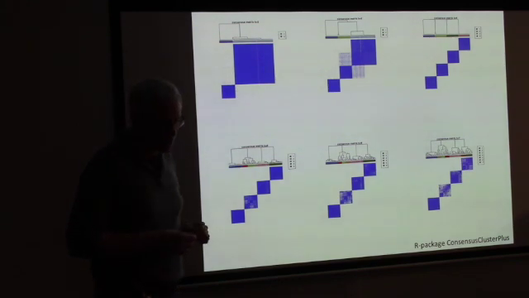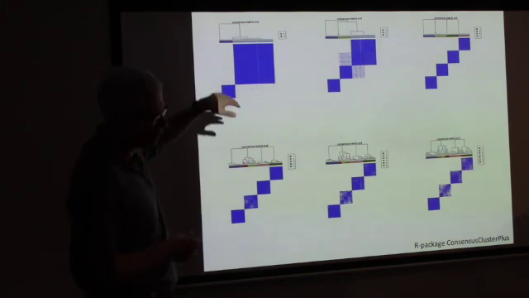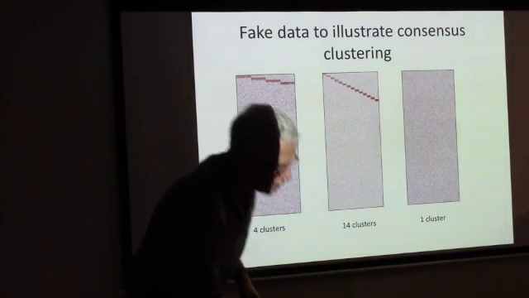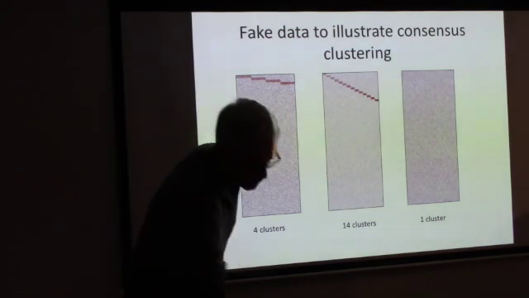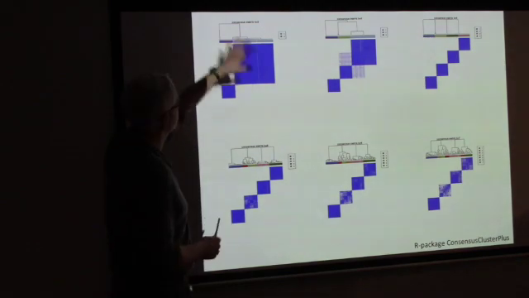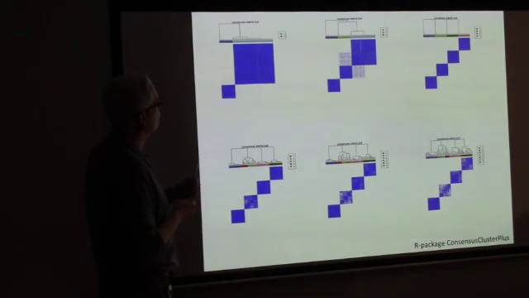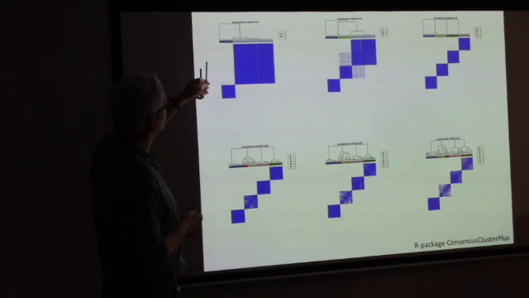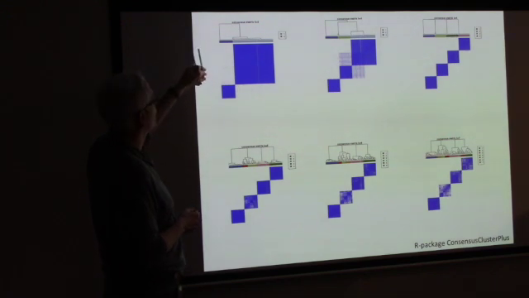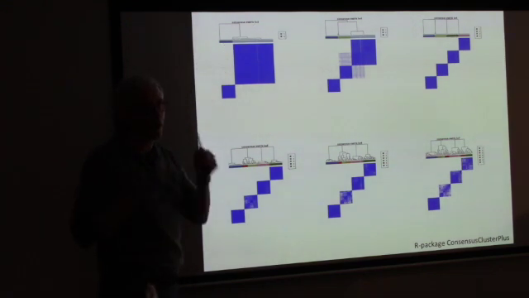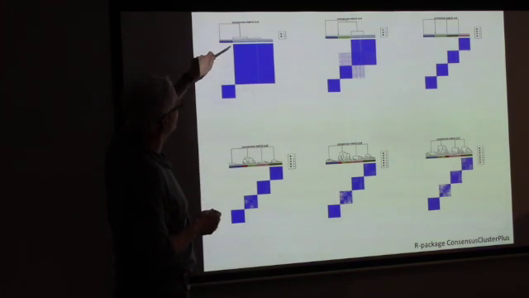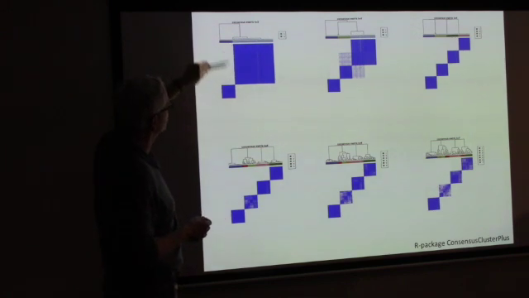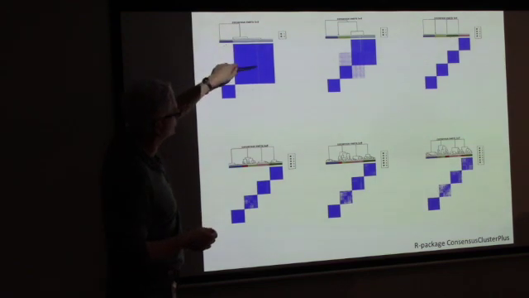So what we've done here, I'm going to go back. We're going to start using this data here. This is the one we're going to use at first. So we throw it into this consensus clustering, and when I say to it, find 2 clusters, it does so, and it very reliably puts all these things in one cluster, and these guys are all clustering with each other, and these samples are all clustering with each other.